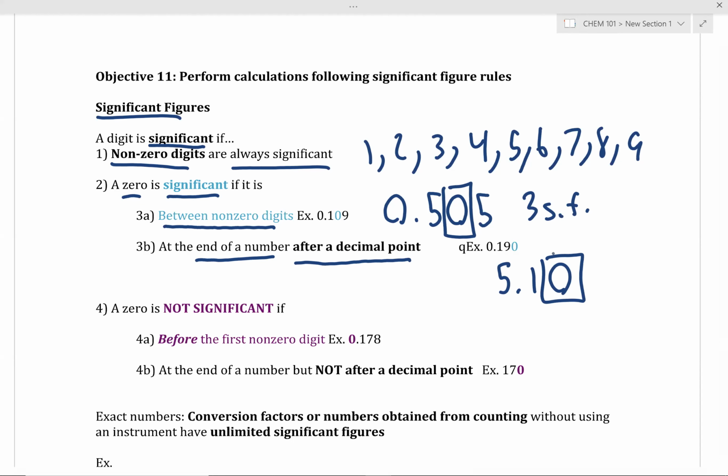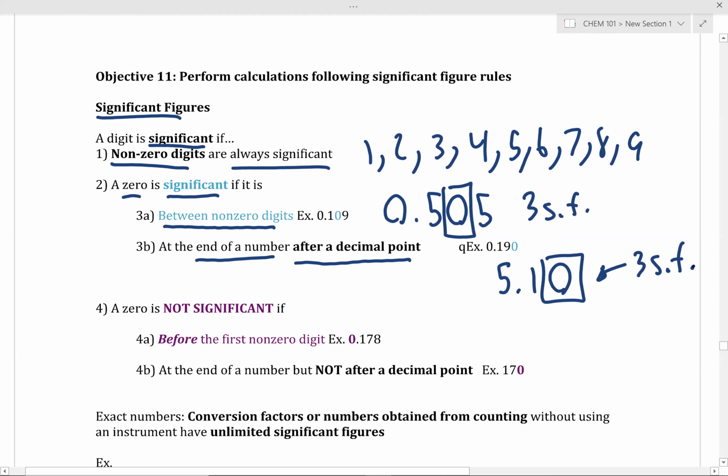Yeah. So this 0 is significant. So how many total significant digits do we have in this number? 3. The 5 is significant, the 1 is significant because they're non-zero digits, and this 0 is also significant because it's at the end of a number after a decimal point.